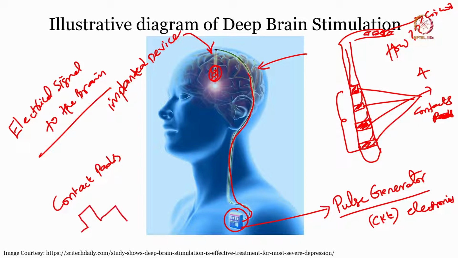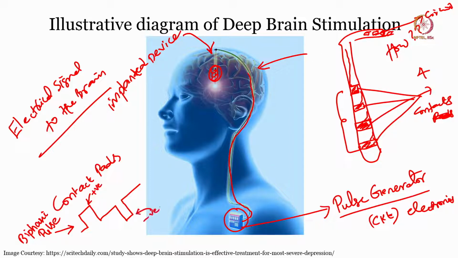This kind of signals we can generate. This is nothing but a biphasic pulse. If you look at this, you have the positive side, it can be current or voltage whatever it is, we will discuss that later also.